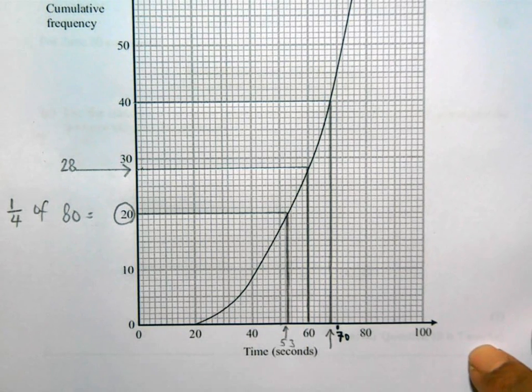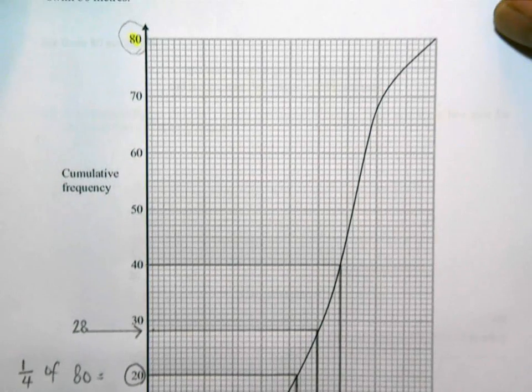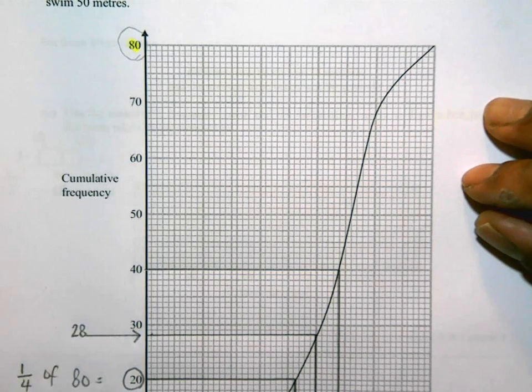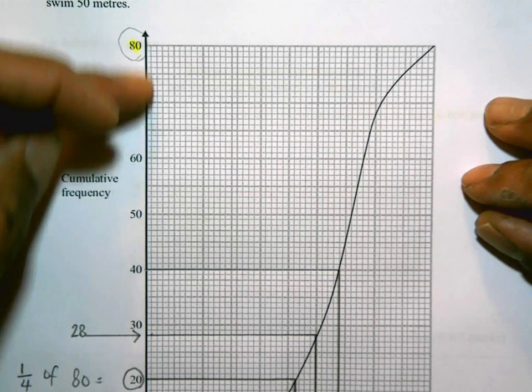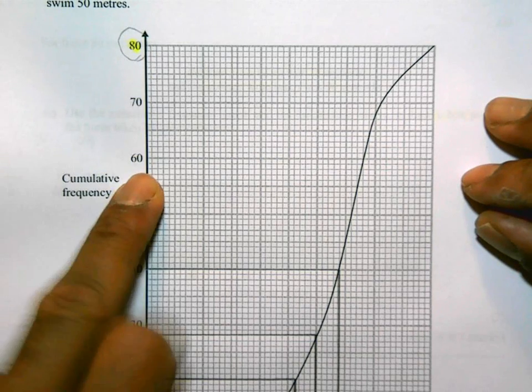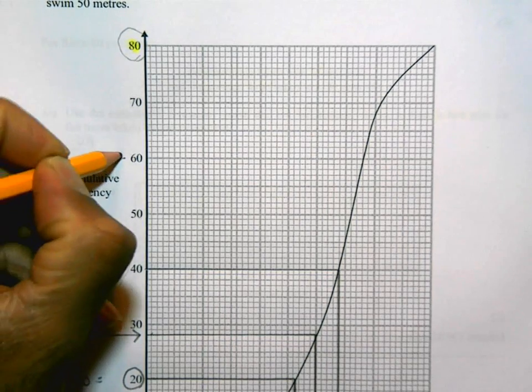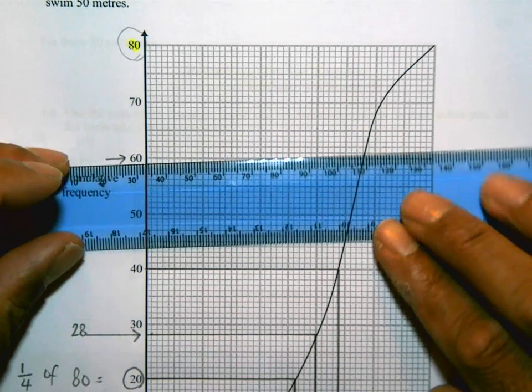Going on to working out the upper quartile. The upper quartile is a quarter of the way down. Now we worked out that the lower quartile was going across from 20, so if I come 20 down, that takes me to 60, and I'm going to do the same again there. So I'm going to use that to help me work out my upper quartile and be as accurate as possible.